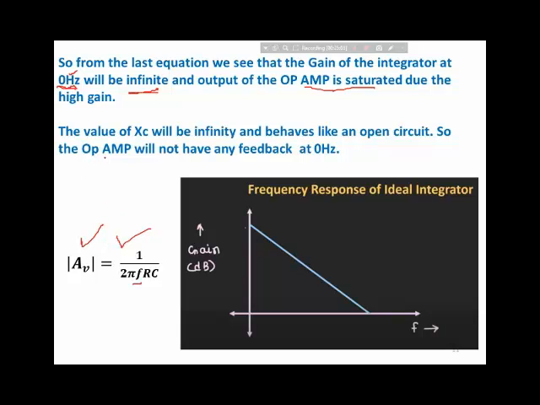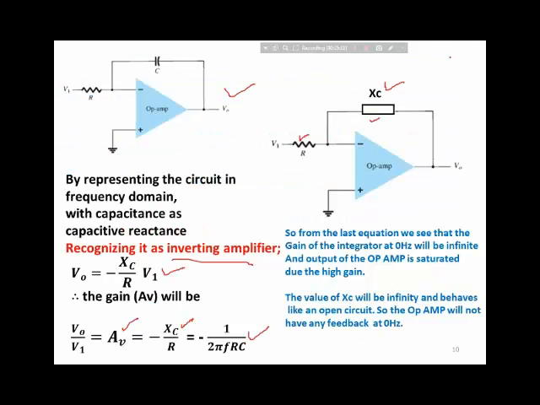That is, the value of Xc will be infinity and behave like an open circuit. So the value of Xc at 0 Hertz will become infinite, it will be an open circuit, and when there is no feedback in the op-amp, the op-amp would be in open loop, and the gain of the amplifier becomes very large, and the output goes into saturation.